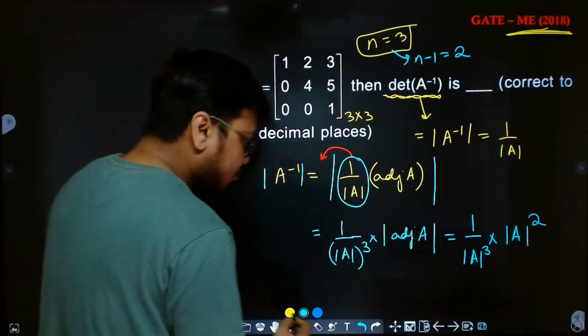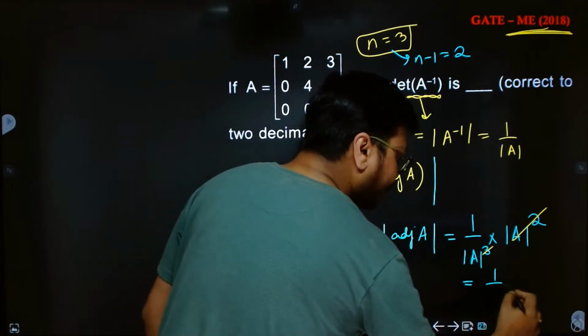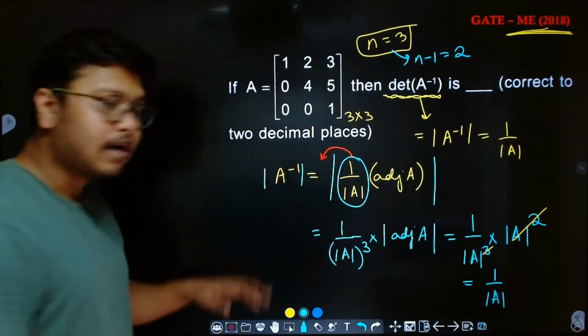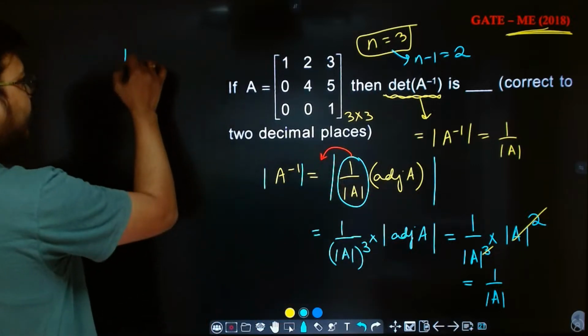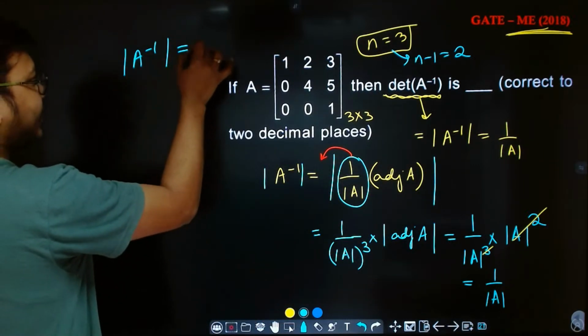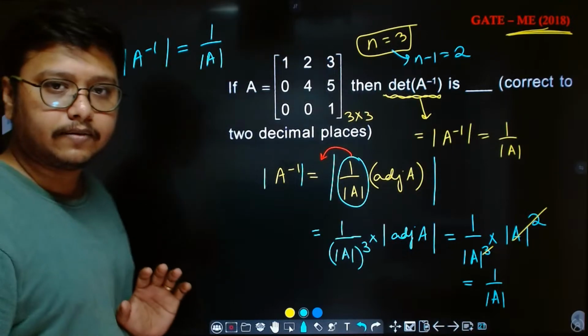Now if you cancel A squared against the cube, you are left with 1 by determinant A. So from now on, you can remember this as a property: the determinant of A inverse is 1 by determinant A.